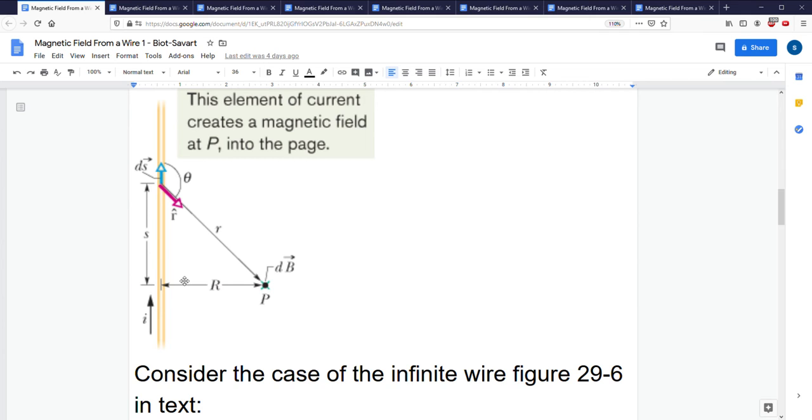We can also use the Pythagorean theorem to say that the r magnitude is equal to the square root of s squared plus R squared, and that the r vector is negative s in this direction and big R in this direction.